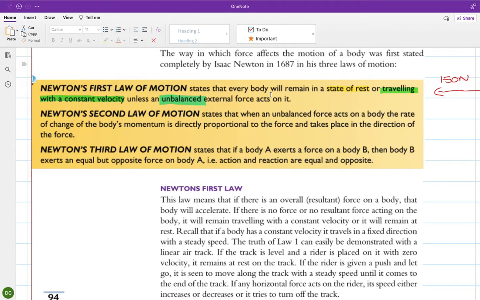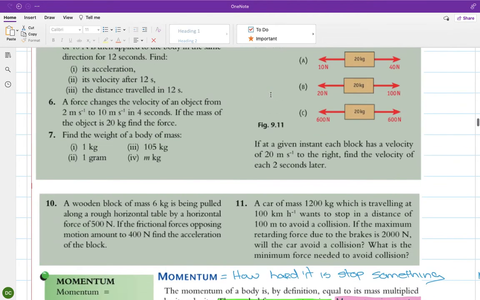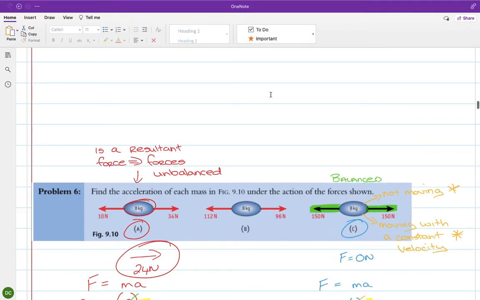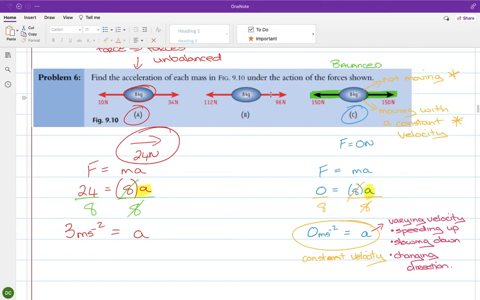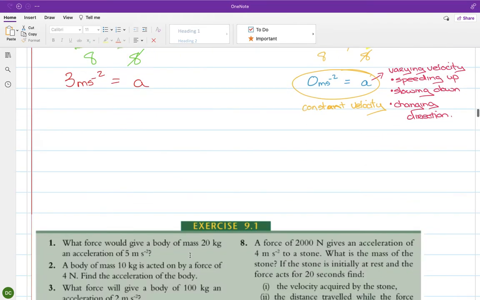The second one relates to momentum, which obviously we've just discussed. So it states that when you have an unbalanced force on a body, the rate of change of the body's momentum is directly proportional to the force and takes place in the direction of the force. So here's the other example we did earlier.